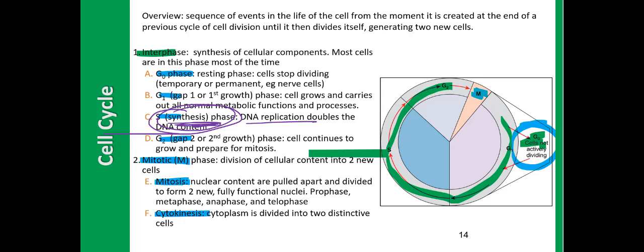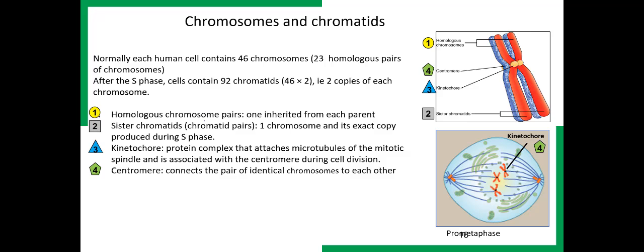The mitotic phase is when the nucleus is split to form two new nuclei. Normally, each human cell contains 46 chromosomes, which are divided into 23 homologous pairs of chromosomes. After the S phase during interphase, cells contain double that. So cells contain 92 chromatids, which is 2 copies of each chromosome, right?